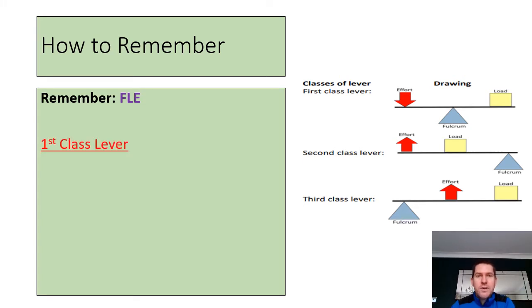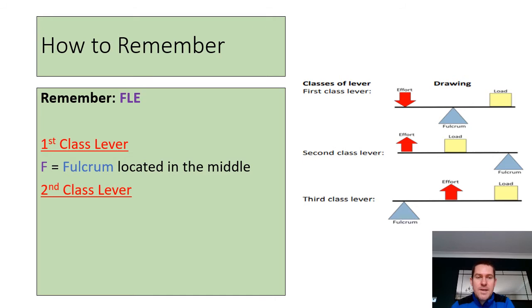So when we look at the first class lever system, we have the letter F. So fulcrum is located in the middle, and you can see on the diagram to the right hand side of the presentation, the fulcrum, the triangle, is located in between the effort and the load. That's what we mean by a first class lever system, and I'll go through that in a bit more detail on the next slide.